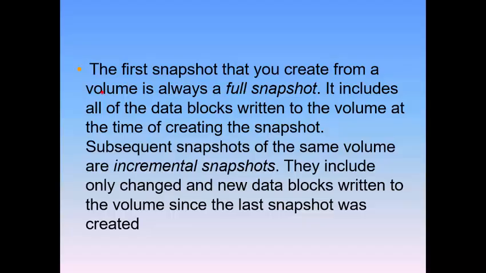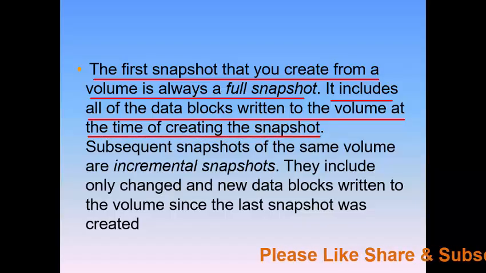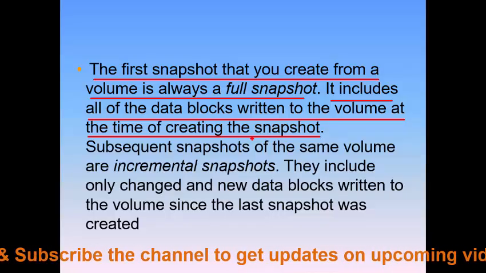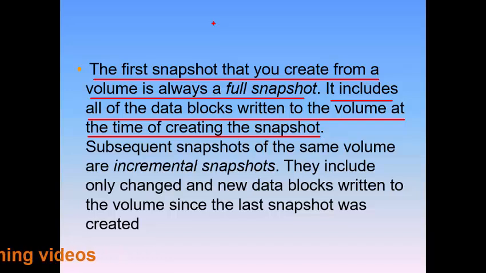The first snapshot that you create from a volume is a full snapshot. It includes all the data blocks written to the volume at the time of creating the snapshot. As soon as you click create, whatever data is available in the volume up to that time is captured.